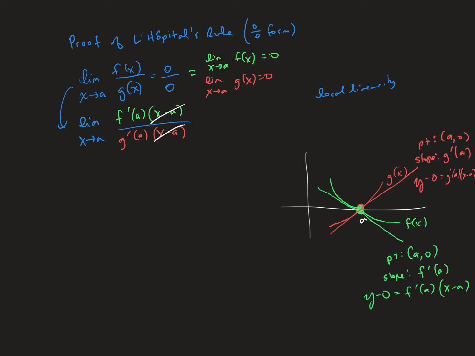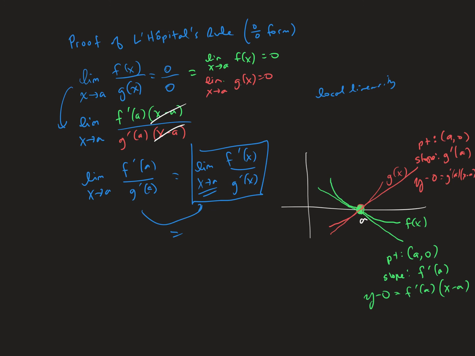So that leaves me with the limit as x approaches a of f prime of a over g prime of a, which is basically the limit that you would get if you were taking the limit of f prime of x over g prime of x. The first thing you would do is substitute in a. So those two things are equivalent to each other, and this then is the proof of L'Hopital's rule.